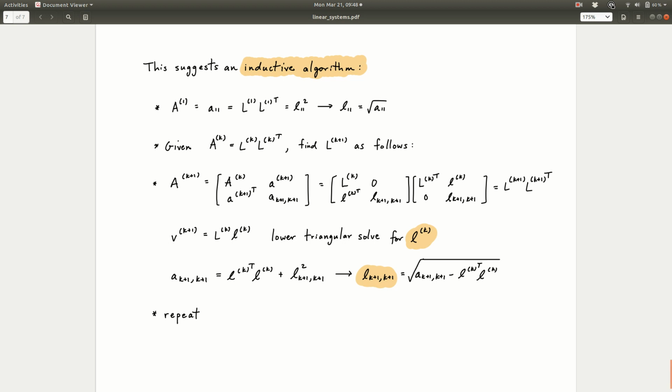And due to floating point rounding errors, it's possible that even if A is symmetric and positive definite, you could run into a situation where this evaluates to a negative number, and therefore this ends up being complex, and that screws everything up, and your code will throw an error. Another thing that could happen is that this number is very close to 0, and so that will automatically give you something that's negative here. So there could be floating point issues.